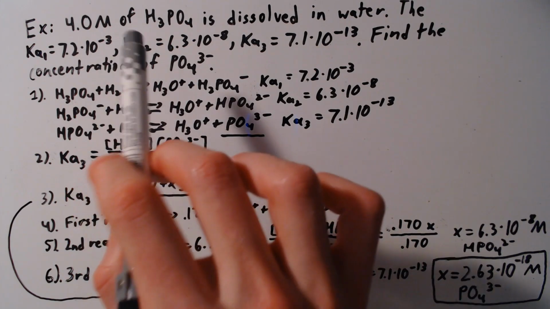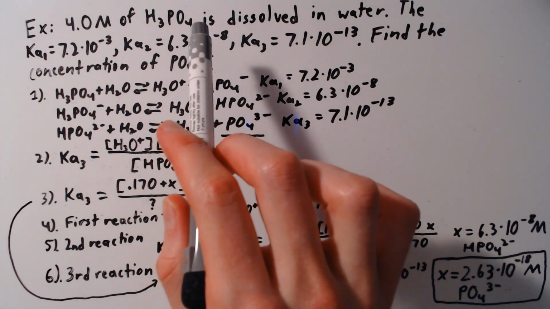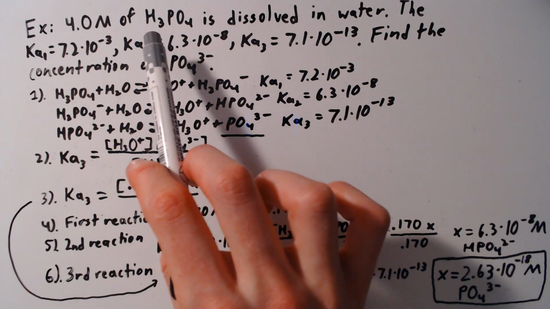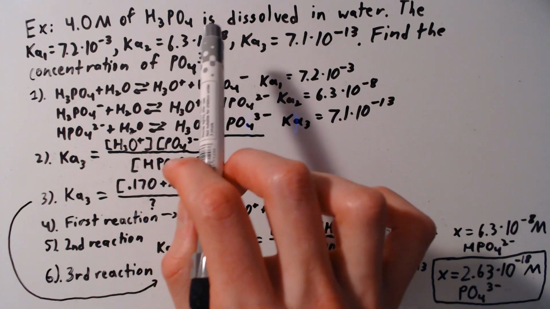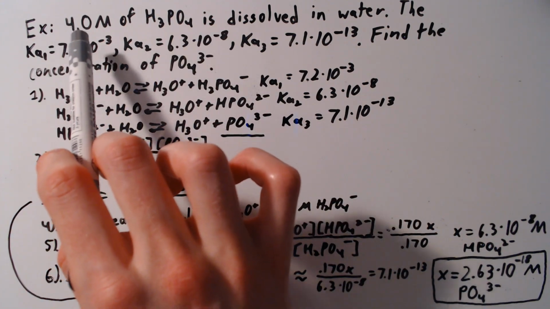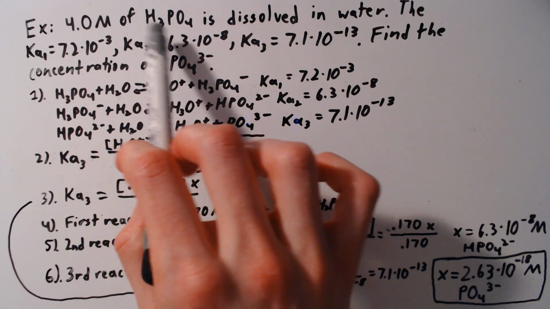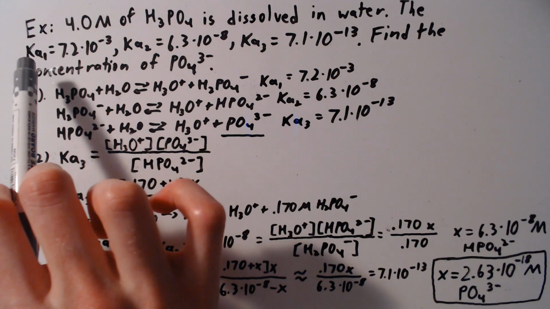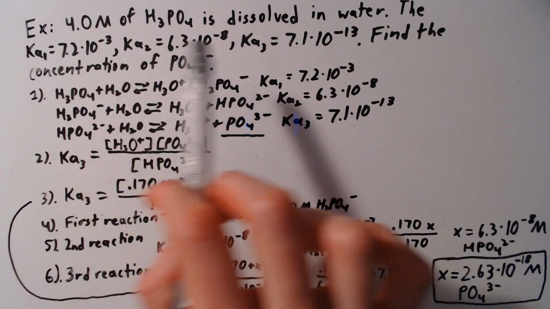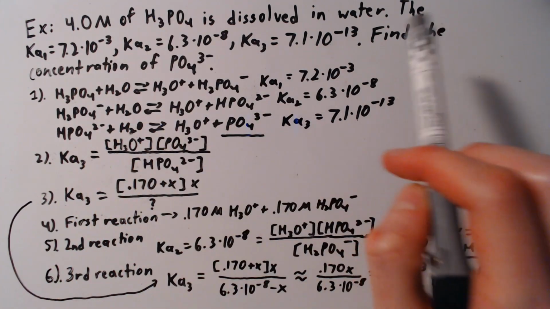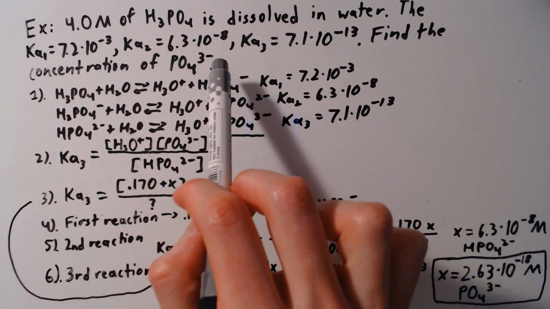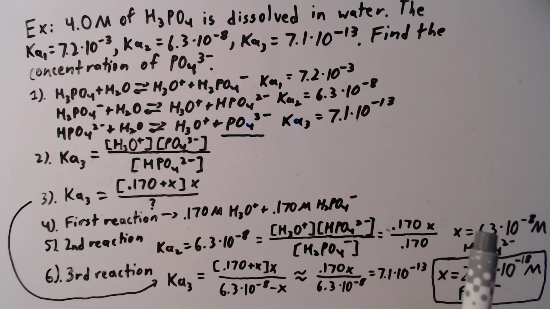So to illustrate how to find the concentration of PO43 minus, I'll use our previous problem with the phosphoric acid. In this problem, we have 4 molar of phosphoric acid, H3PO4, dissolved in water. Here are the different Kas, K1, K2, and K3 of phosphoric acid, and we need to find the concentration of PO43 minus ions in the solution.